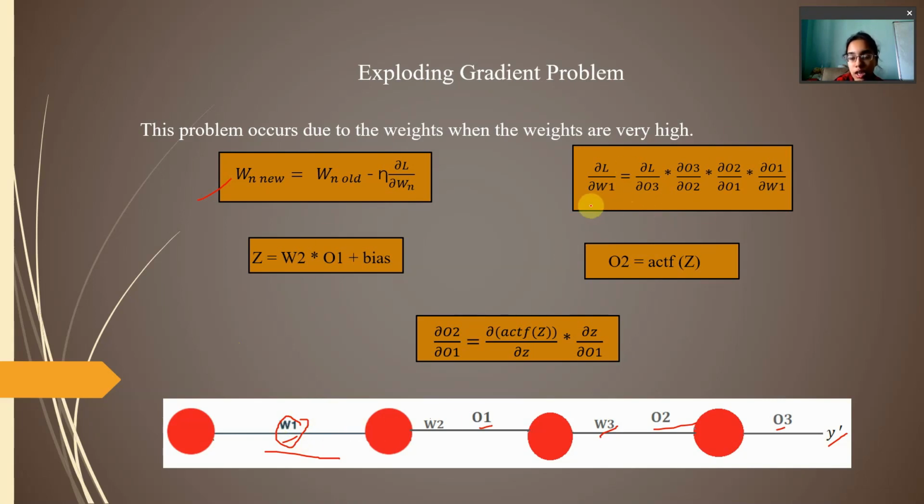So the chain rule of differentiation for this weight will be this expression.